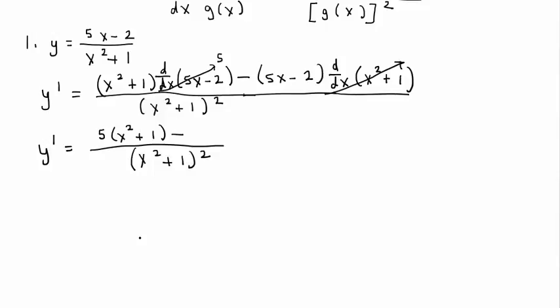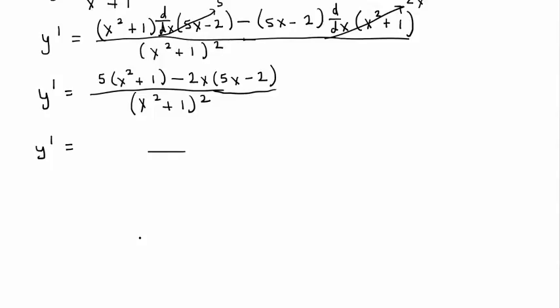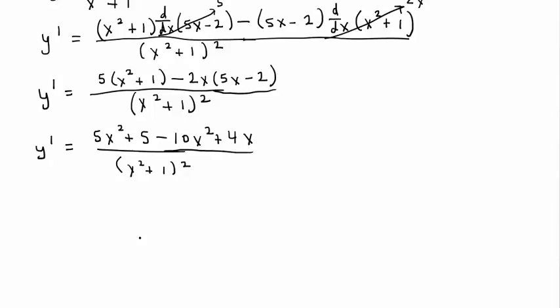Okay, what's left to do? A little cleanup on the numerator, and we're good to go. Cleaning up the numerator, collecting like terms, it looks like I'm going to have negative 5x squared plus 4x plus 5.